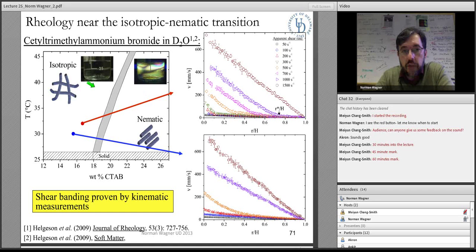If I shear this fluid, I see at moderate shear rates a high shear band and a low shear band, right? You can see that the velocity field is not homogeneous. If I go to really low or really high shear rates, I see a homogeneous velocity field, right? What you would expect for a simple fluid.